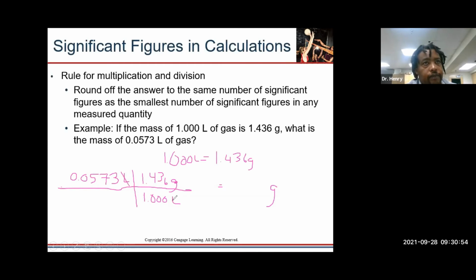Okay, so then liters are going to cancel out, and we're going to be left with just grams. Okay, so we get an answer of 0.0828.